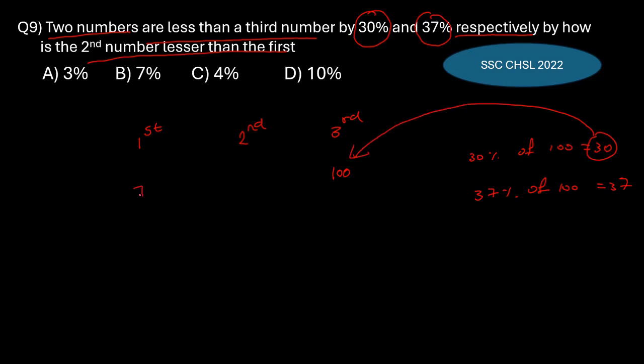So my first number is going to be 70. In the same way, the second number is 37% less than the third number, which is 100 minus 37. I will be left with 63. So these are my values, guys. My first number is going to be 70, second number is going to be 63, and third number is going to be 100.